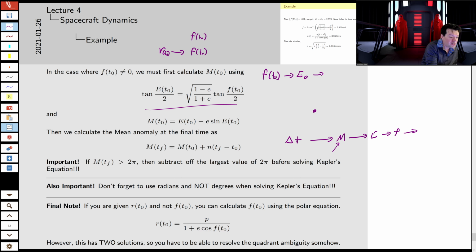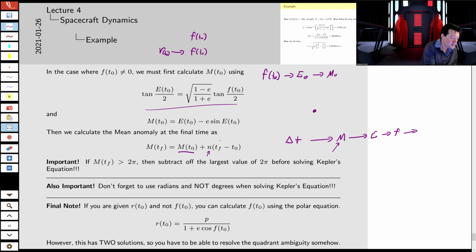And then we can go back through Kepler's equation and find the initial mean anomaly. Based on the initial mean anomaly, we can find our final mean anomaly by figuring out how much time has elapsed since that mean anomaly, and this is the mean motion.